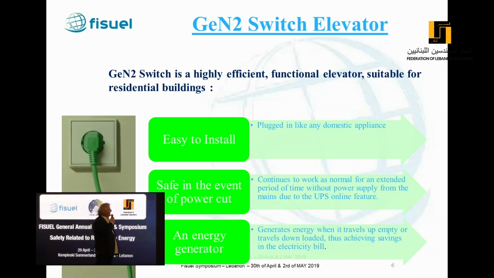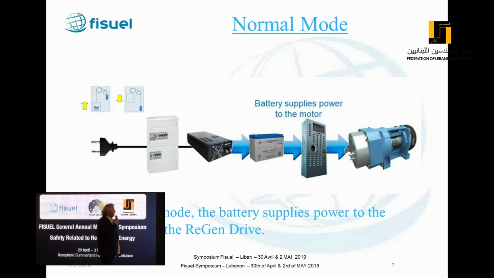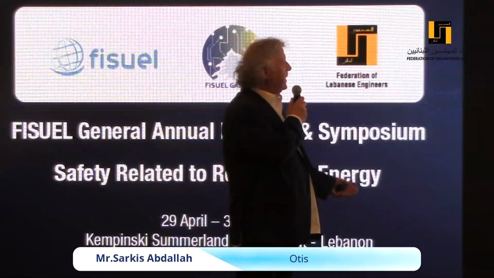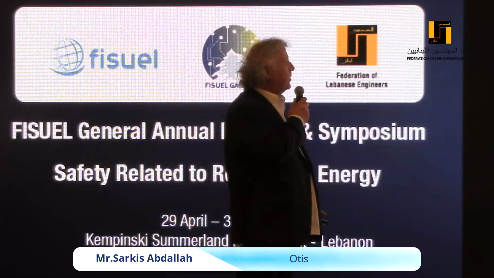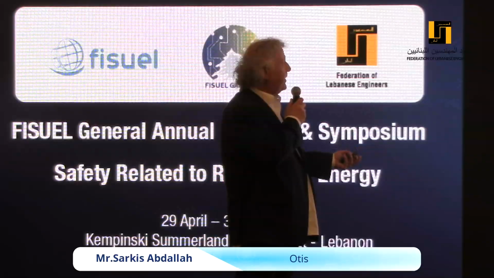It's like a plug-in domestic appliance, safe to use. It works as normal, for an extended period of time, on the power supply from the mains, thanks to the UPS online feature, and generates power. In normal mode, the battery supplies power to the motor and regenerates.